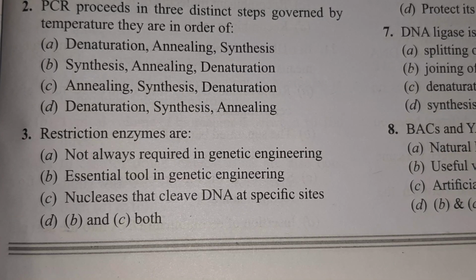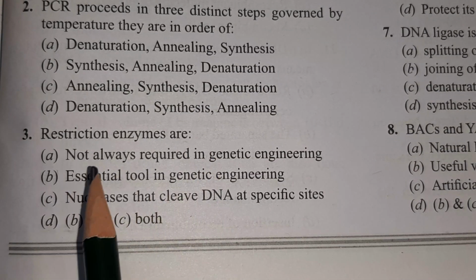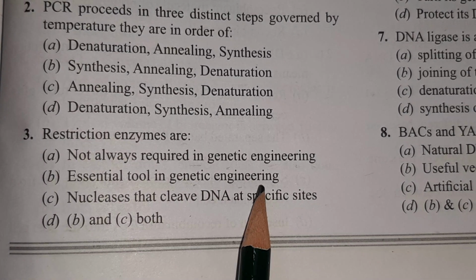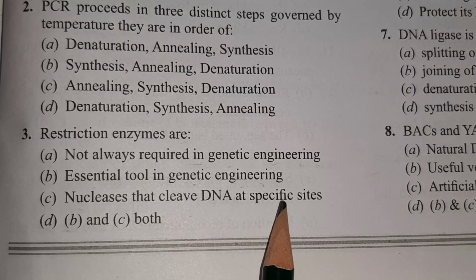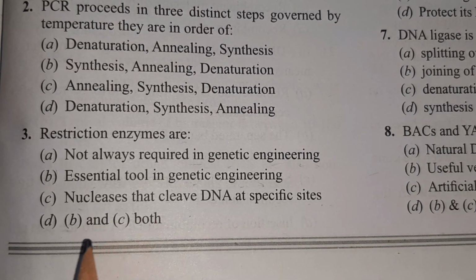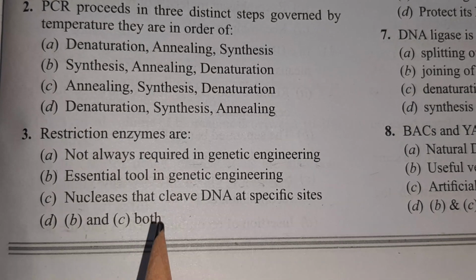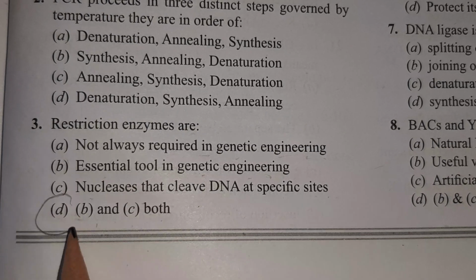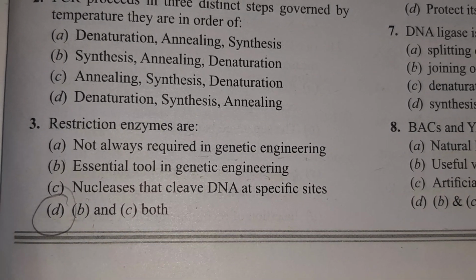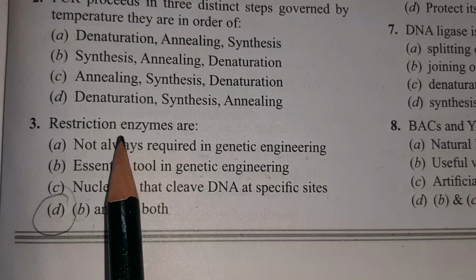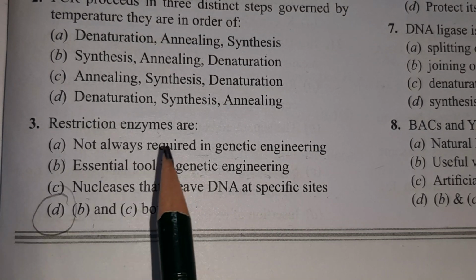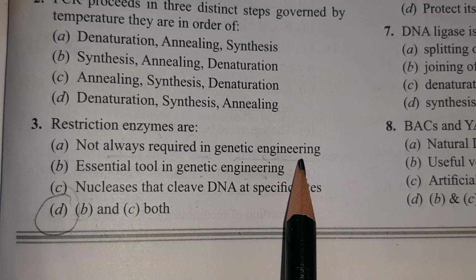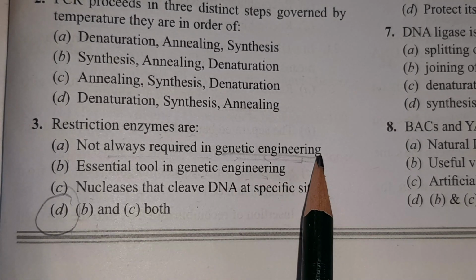Next question we have, restriction enzymes are not always required in genetic engineering, essential tool in genetic engineering, nucleases that cleave DNA at specific sites, D, B and C both. The answer for this is both B and C, last option. Because restriction endonucleases are always required in genetic engineering, without which there is no possibility of genetic engineering.